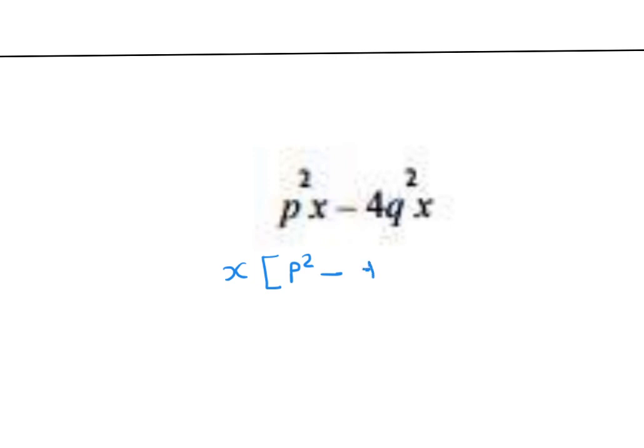Times 4q squared. Now this bracket is a difference between two squares. This is a square, and we have minus, so this is a difference between two squares. So don't forget to write x, and this bracket can be factorized as follows: b squared, the square root is b; 4q squared, the square root is 2q; plus minus.